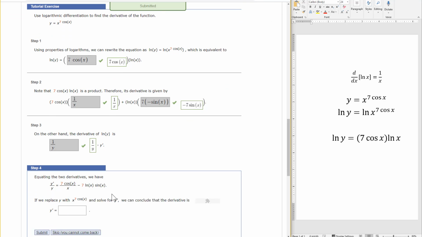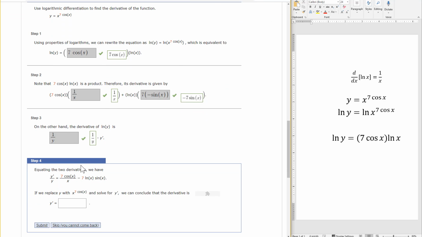Now we want to solve for y prime because that's what we're looking for, and we're essentially going to bring this y to the other side. We're going to replace y with this, but before we replace it, I just want you to see how it's going to look. The right hand side is going to be this whole thing.